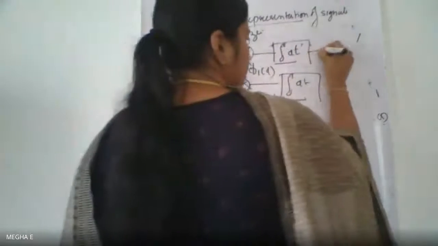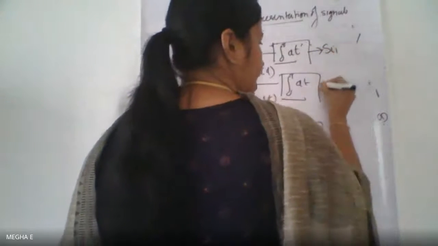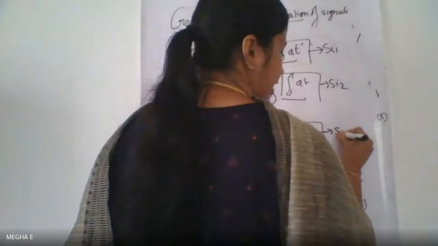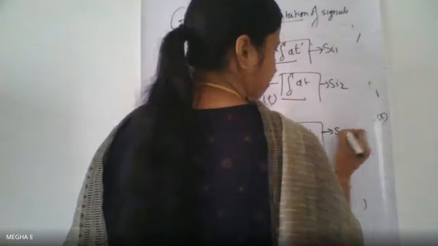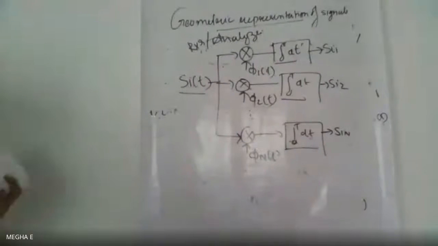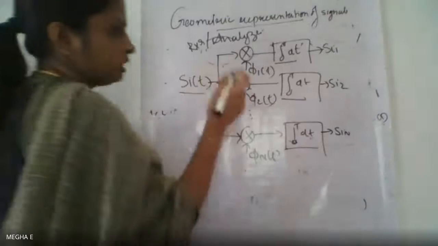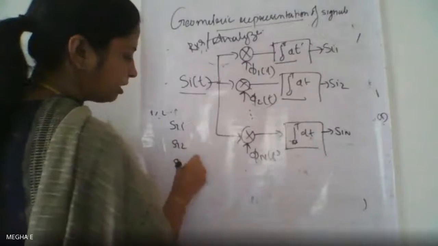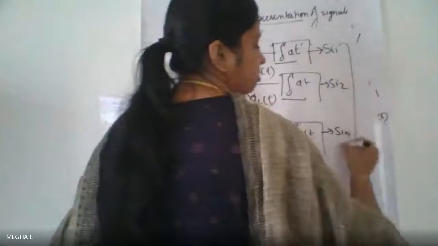So from the integrator output we get Si of 1, Si of 2, Si of n, that is what we are transmitting. അതേ സാധനം തന്നെ നമ്മൾ റിസീവ് ചെയ്യുന്നുണ്ട്.